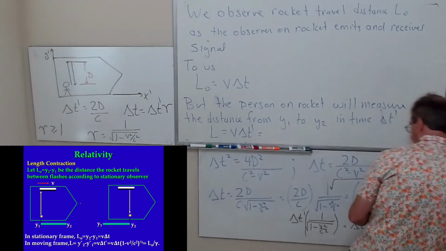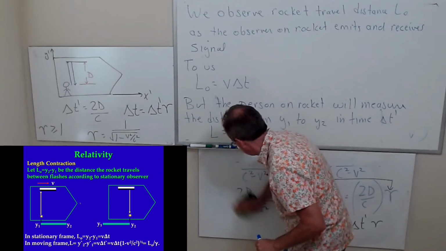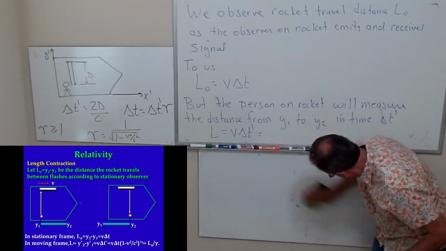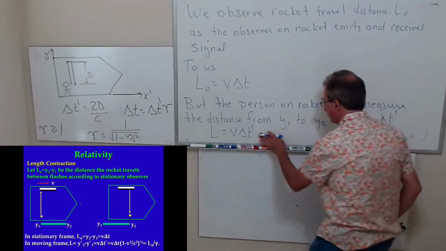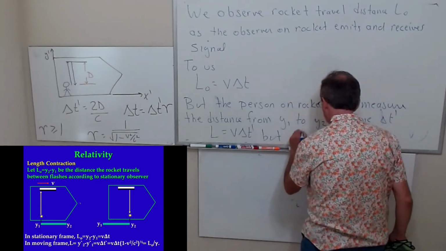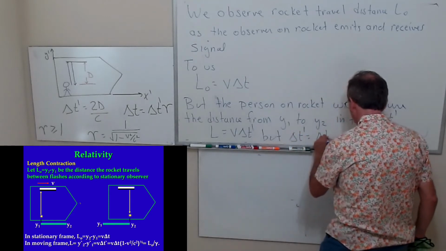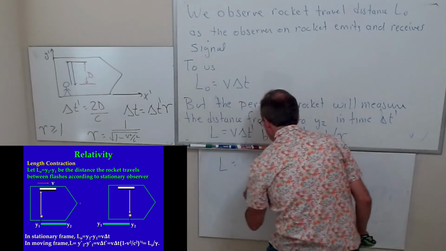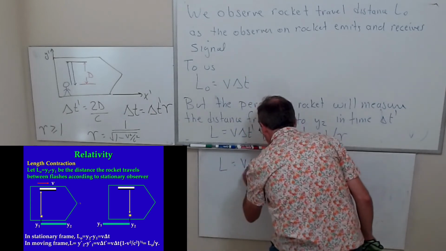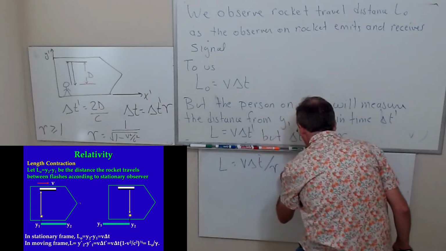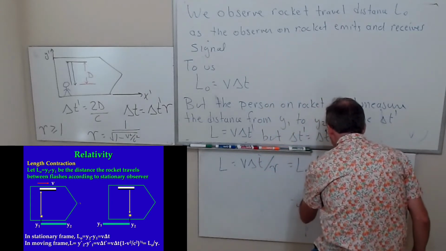Let me go down here. So L is v delta t over gamma, which is L naught over gamma.